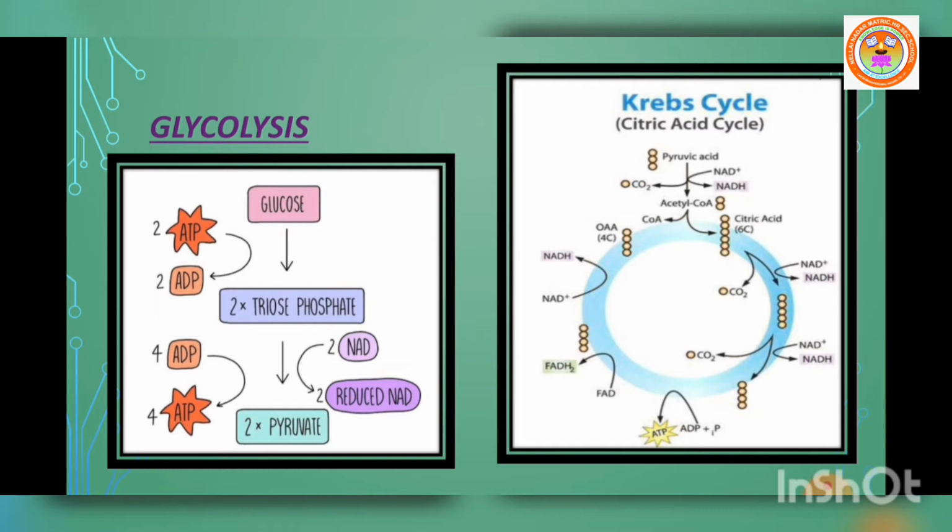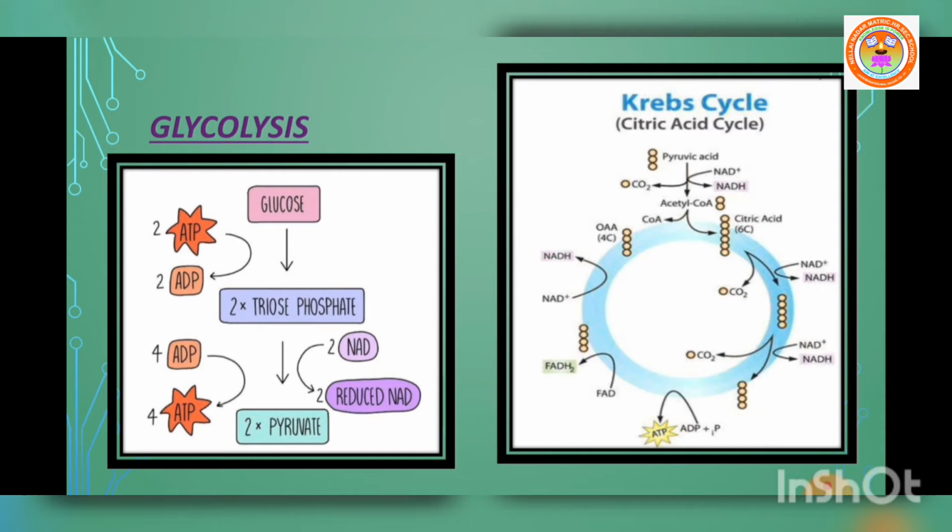The next stage of aerobic respiration is the Krebs cycle. This cycle occurs in the mitochondrial matrix. At the end of glycolysis, two molecules of pyruvic acid enter into mitochondria. The oxidation of pyruvic acid into carbon dioxide and water takes place through this cycle. It is also called the tricarboxylic acid cycle.